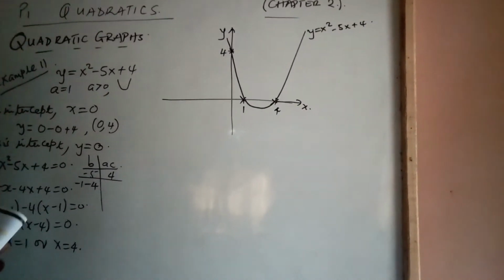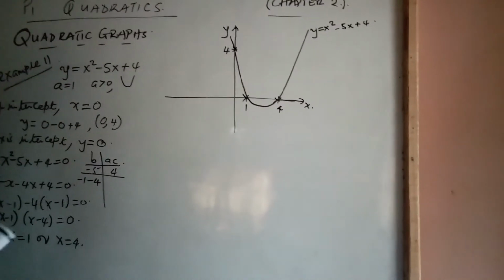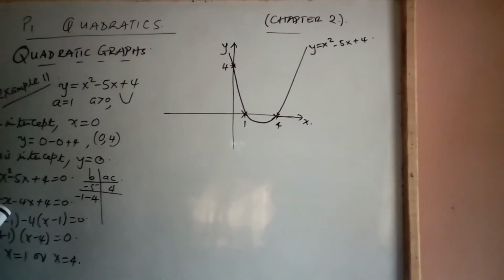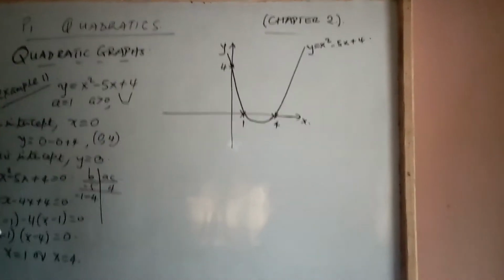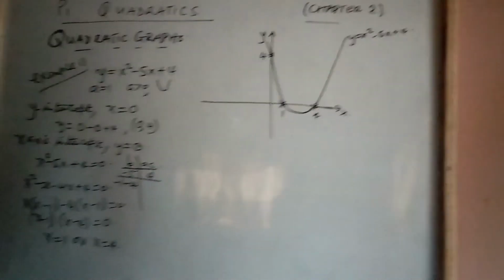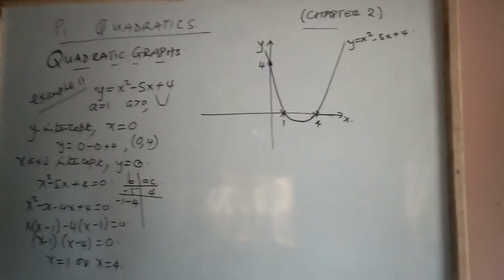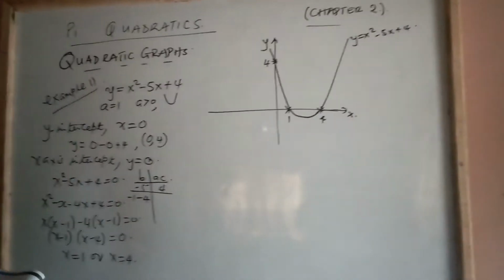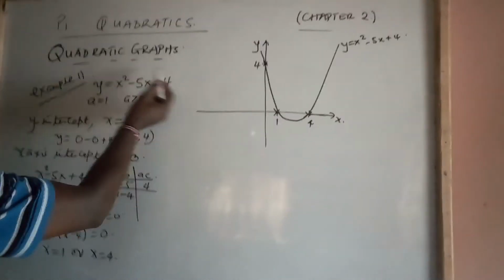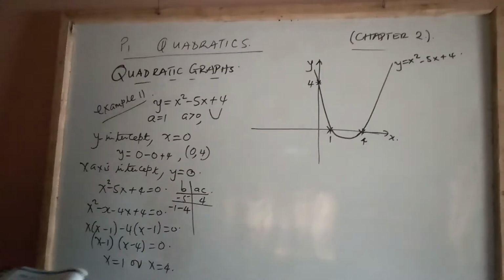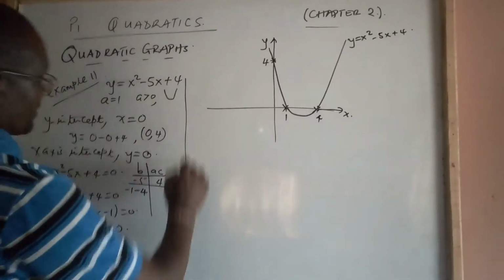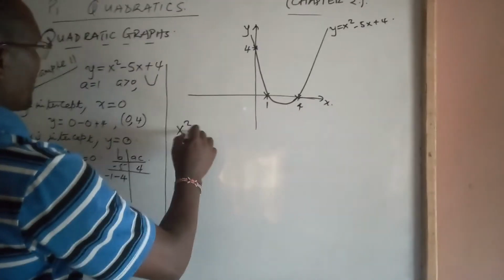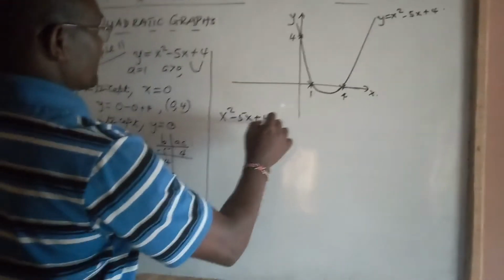That is as far as the second part of the question is concerned. But the third part is asking us to find the coordinates of the turning point. And we have been told that to get the coordinates of the turning point, you have to complete the square of the original function, which is x squared minus 5x plus 4.